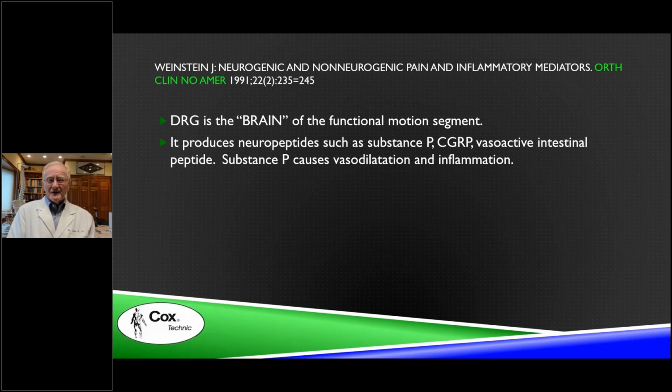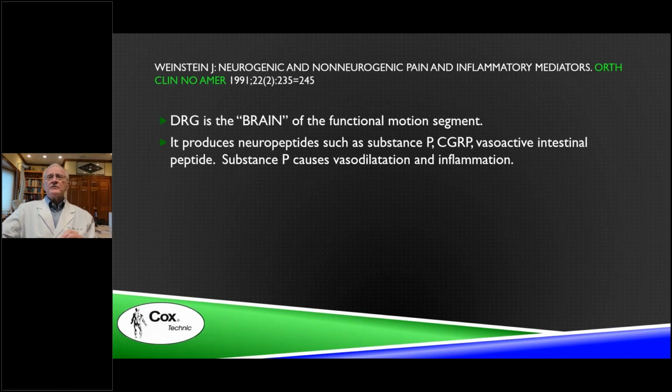But even more important is the fact that the DRG is a source of peptide inflammatory agents, such as substance P, calcitonin gene-related peptide, the vasoactive peptides. And remember, these cause vasodilatation and inflammation at the outset.